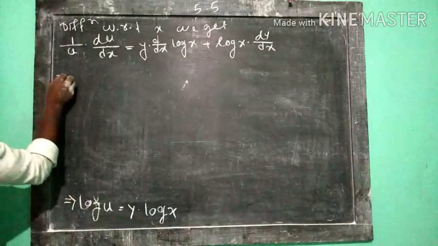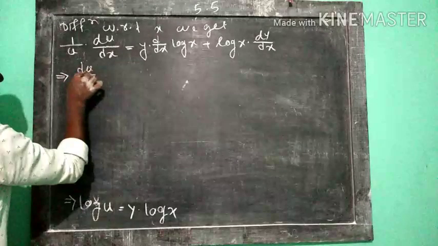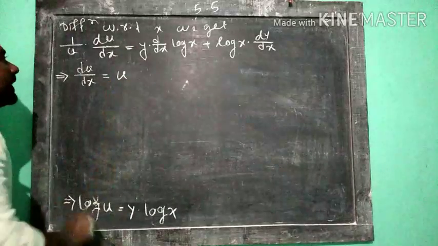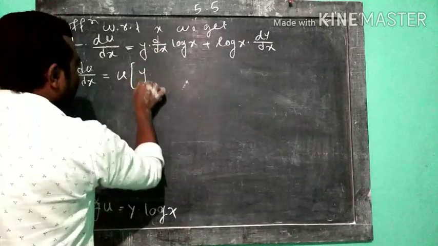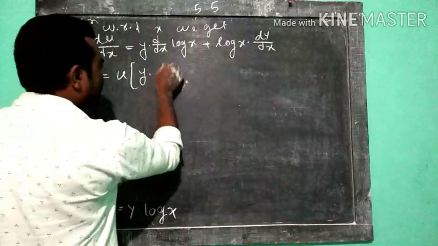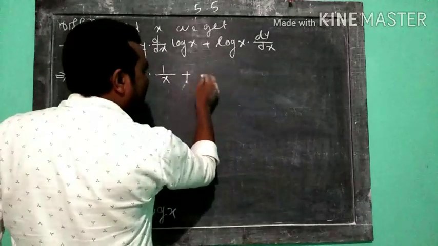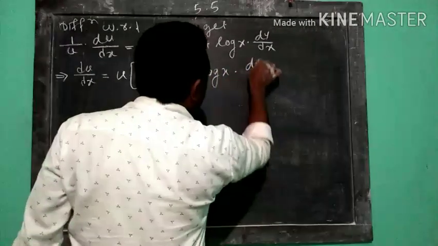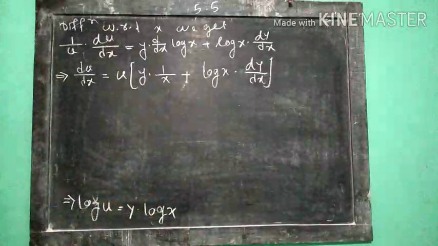This implies that du/dx is equal to u whole into y into d/dx of log x, which is 1 by x, plus log of x into dy/dx. This is the value of du/dx.